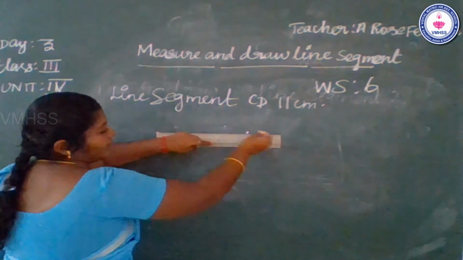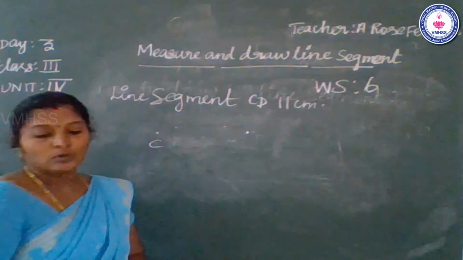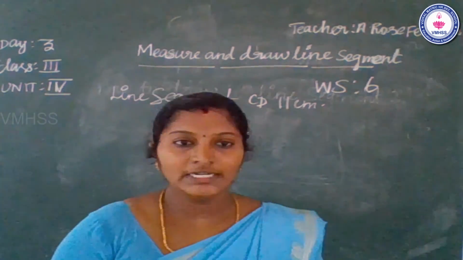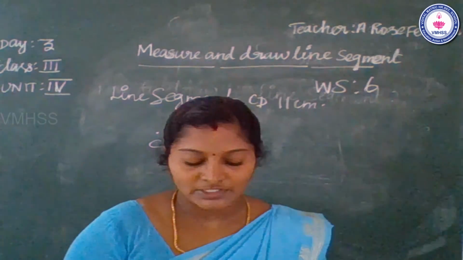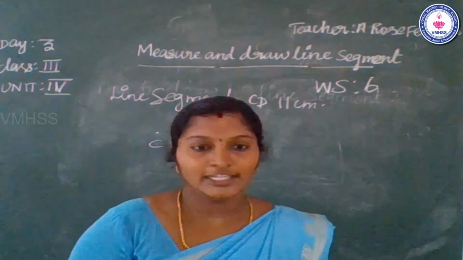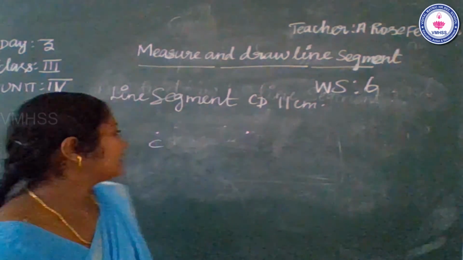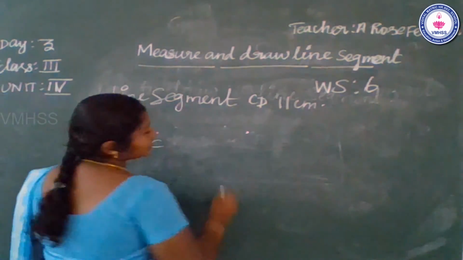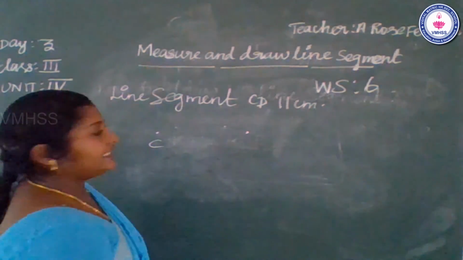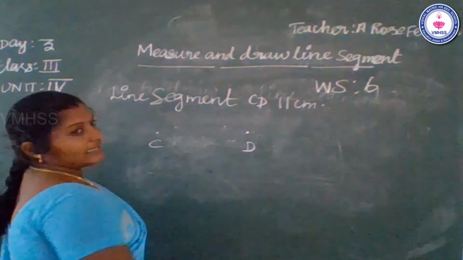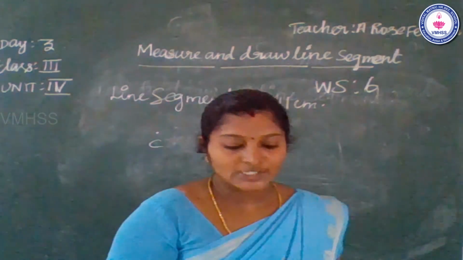This is 11 centimeter. Mark a point at 11 centimeter. It is denoted D. Okay, so what is the last rule?